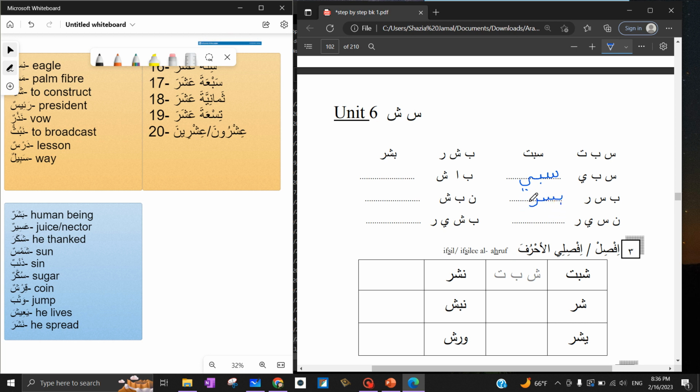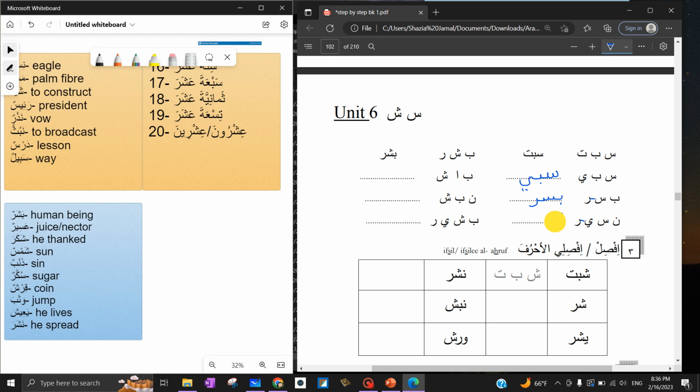So this is ba, seen and ra. All are connected. All are connectors, and there are no non-connectors, except the last letter which is a non-connector, but it can be connected from the right side. Here also the last letter is a non-connector, but it can be connected from the right side.